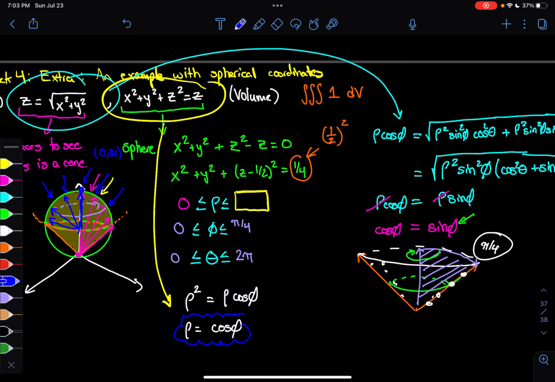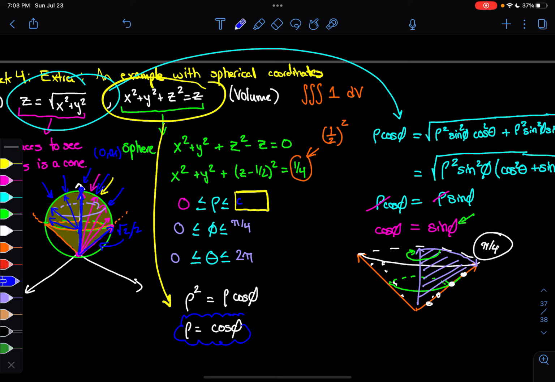And then what happens as we let phi be pi over 4, hanging off in this direction? Well, it's going to be shorter. It's going to be root 2 over 2 out in this direction. That's going to be the length of my rho, and so this is going to have a different coordinate.